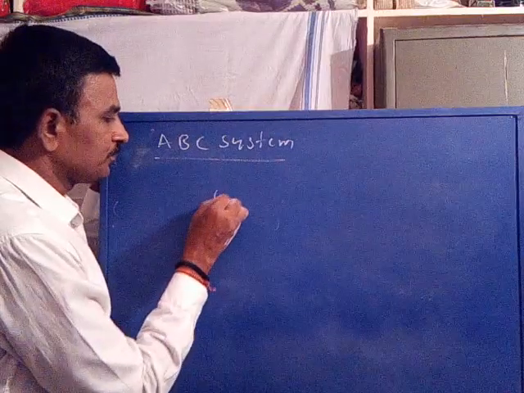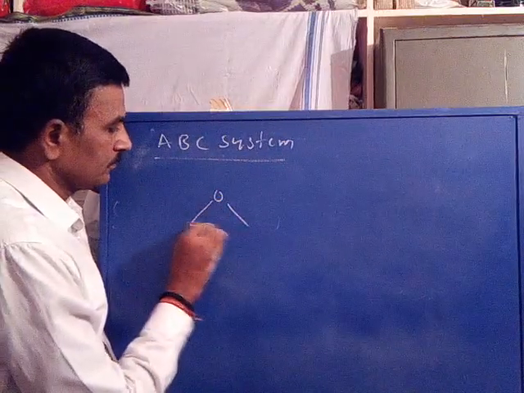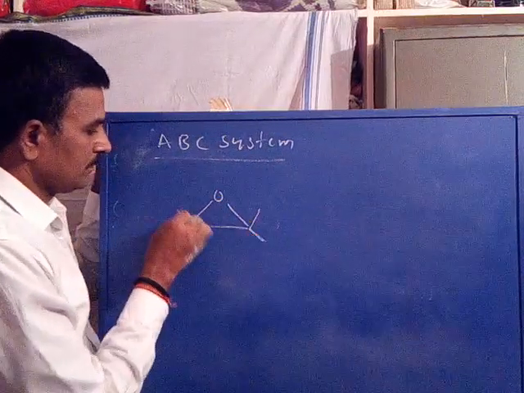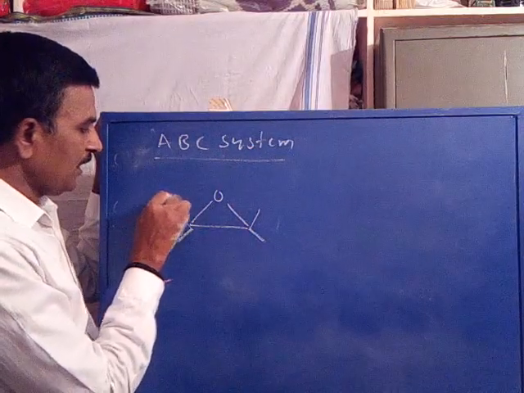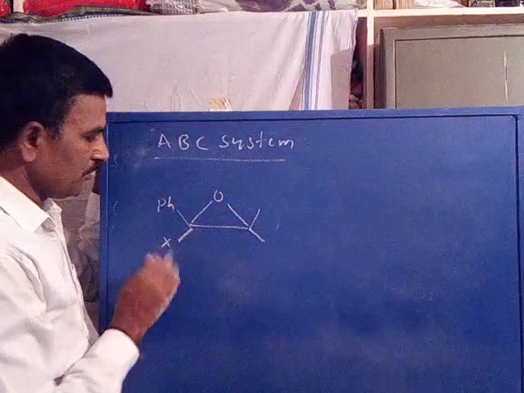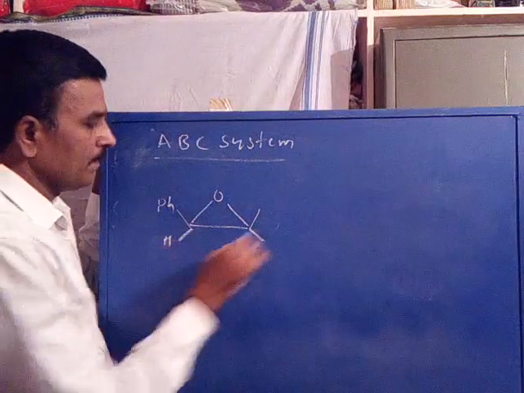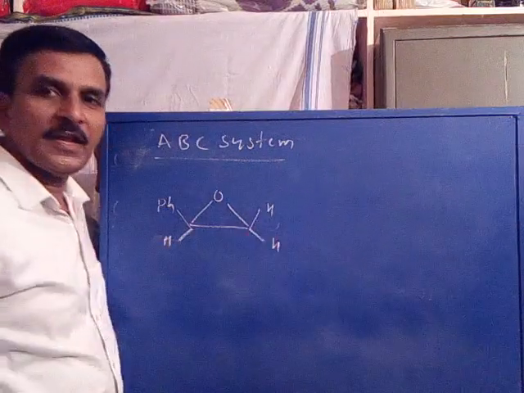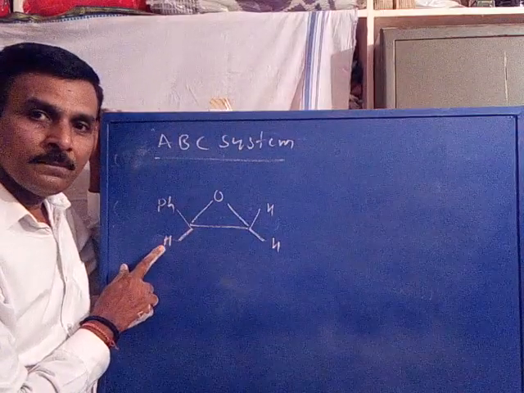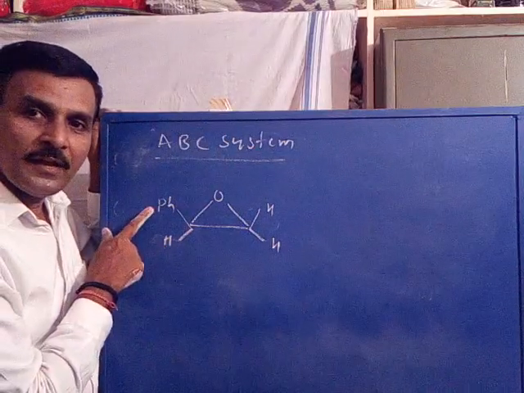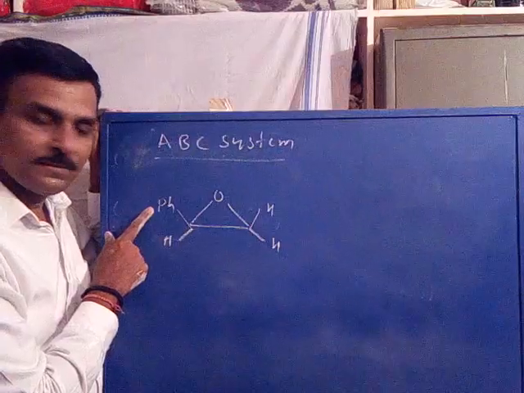Example, you take Ph, X group, hydrogen here, hydrogen here. Now this is the proton geminal to phenyl group. Is it clear?